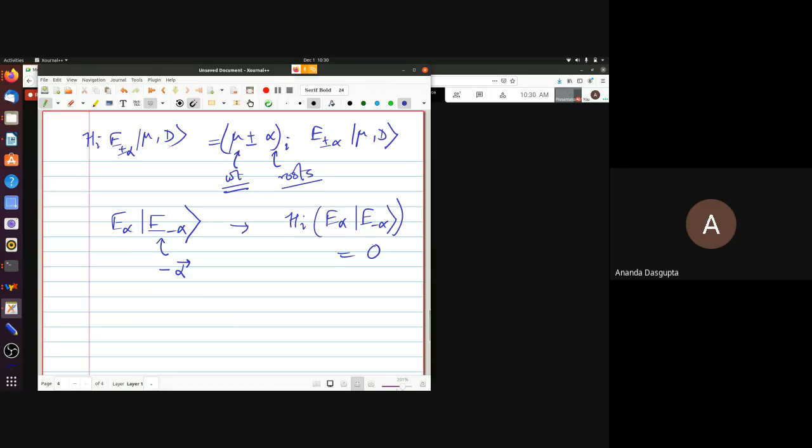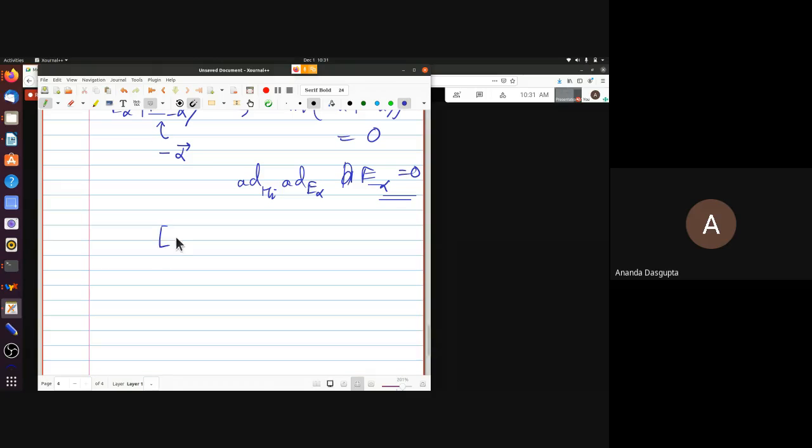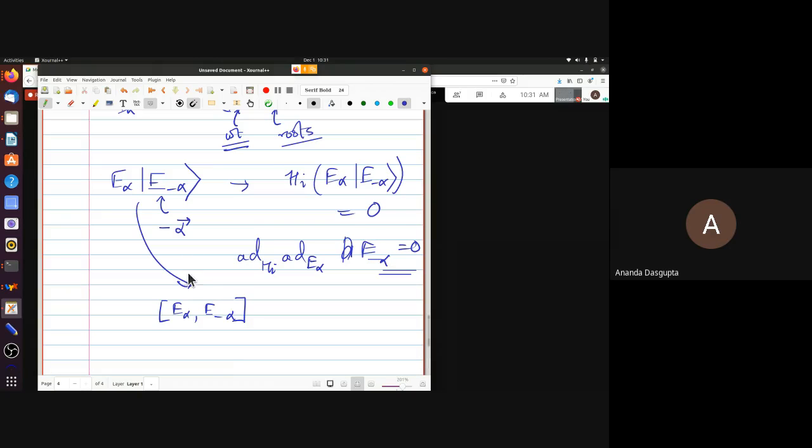So this is a Georgi version of the notation. What this really means is E alpha acting on the state which is E minus alpha, this is 0. But what that tells you is that E alpha comma E minus alpha, which really is what this commutator is, must have the property that it commutes with every one of the hi elements. So what does this tell you about this thing?